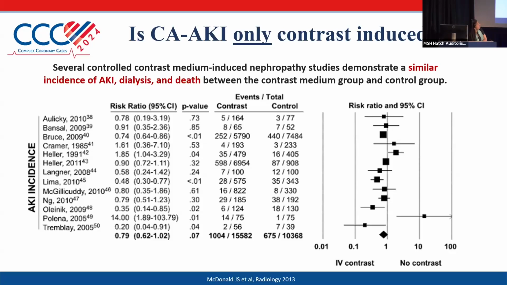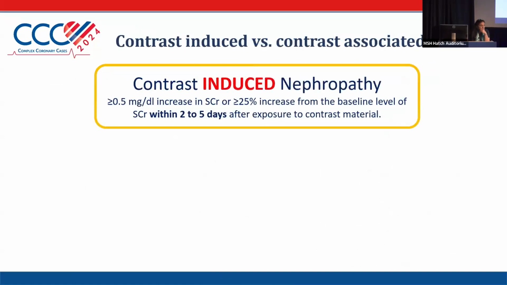And so there are really important to show, and this is several of these contrast-induced acute kidney injury studies that show a similar incidence of AKI, dialysis, and death between the contrast medium group and the control group. And you know, many nephrologists have been saying, we don't even believe this contrast-induced, and that is why we now call it contrast-associated acute kidney injury.